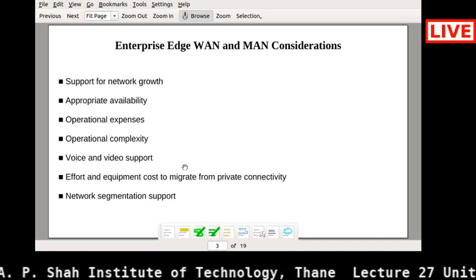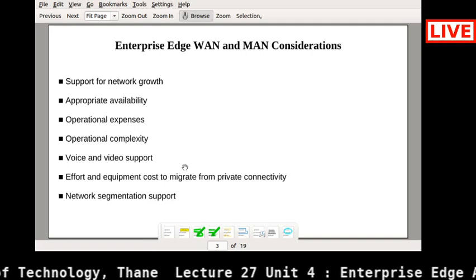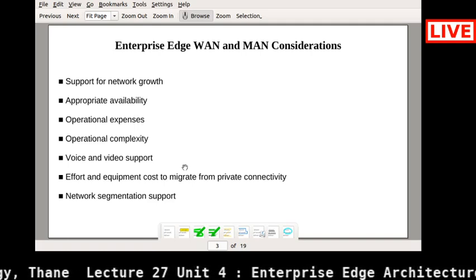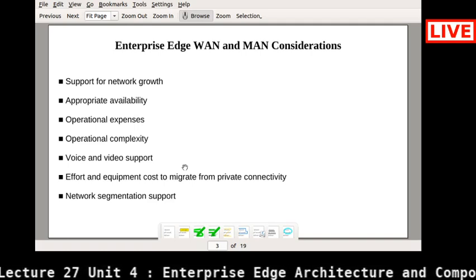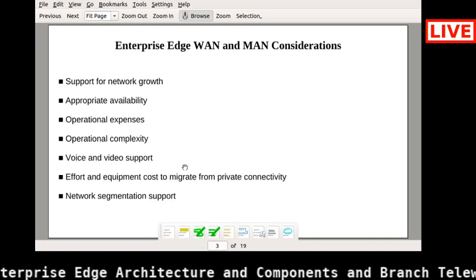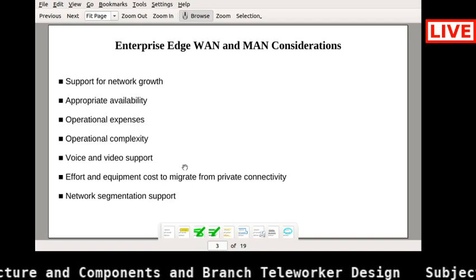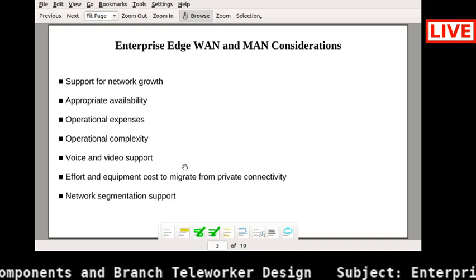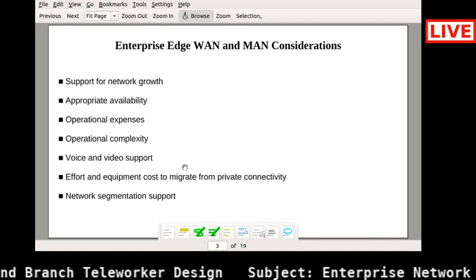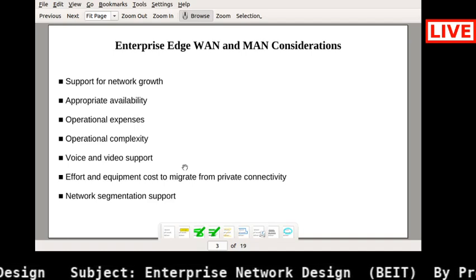You need to check the migration with minimum investment, minimum equipment, time, and IT staffing, because obviously it will increase your cost saving, lower your expenditure and increase your productivity. If the answer is yes, then only can you migrate from one WAN technology to another WAN technology.